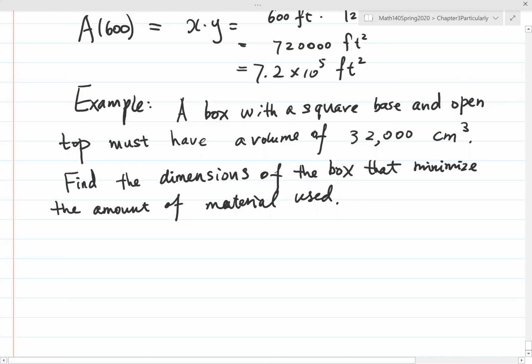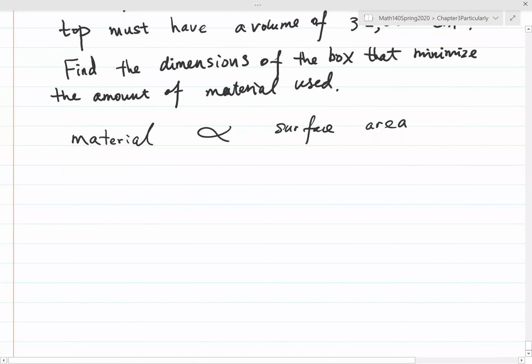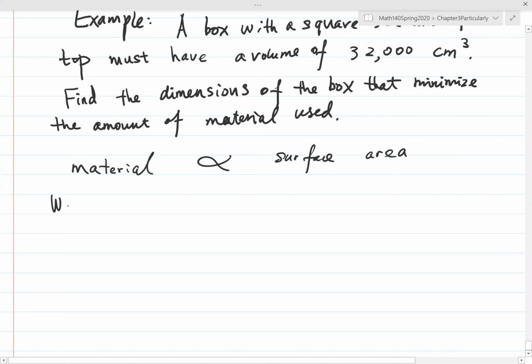The amount of material should be proportional to surface area: the larger the area, the larger the amount of material. So we need to minimize the surface area of the box.